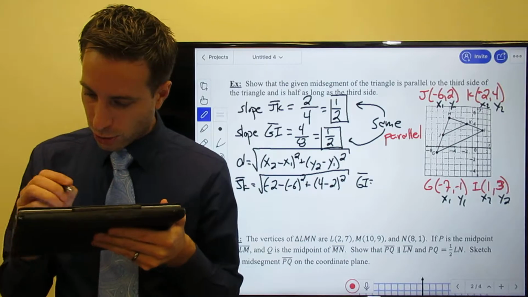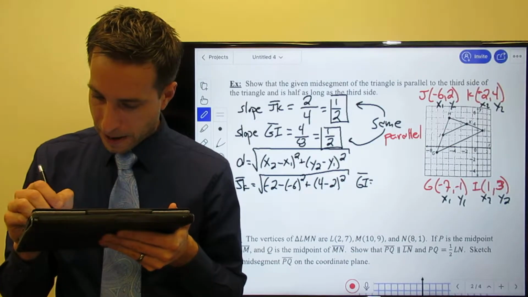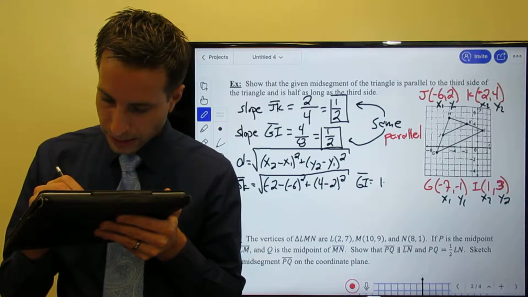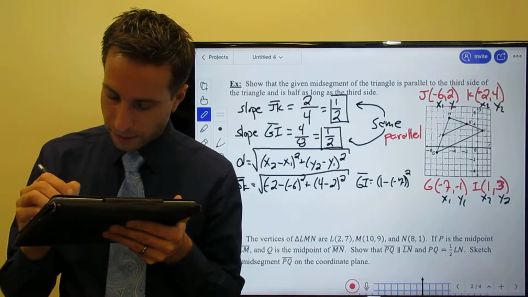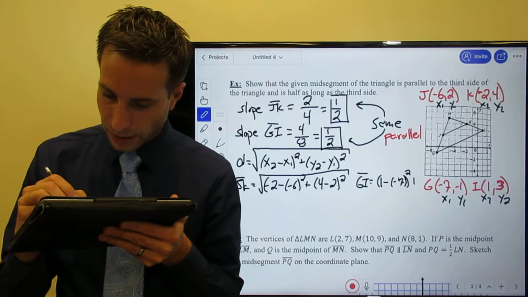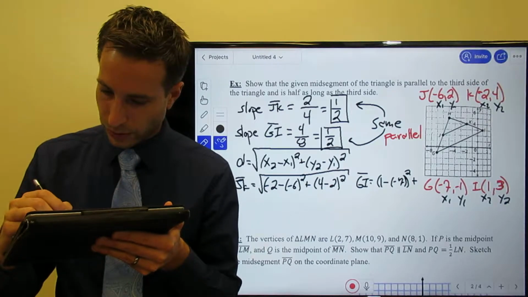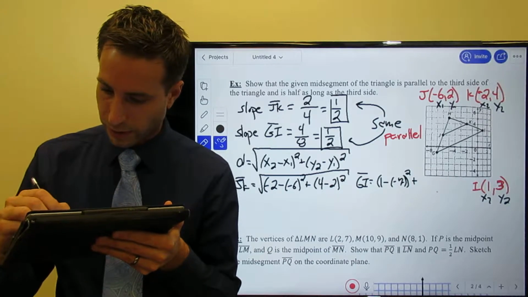Here we go. So x2 is going to be 1 minus -7, which we'll square, plus, sorry, I need to erase that so I'm not running over it.